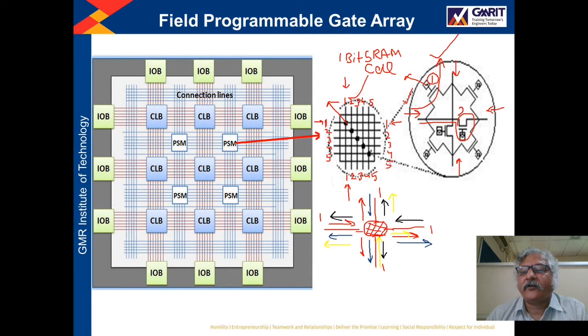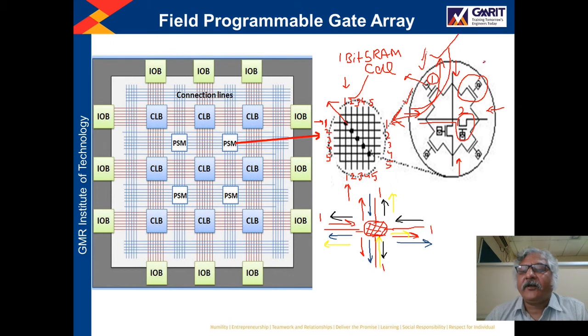This is second NMOS which is used for the routing from left to right side or from right to left side. Okay, same way this MOSFET, it can be used to route left wire towards the top side, or top wire towards the left side. Okay, now this is also one NMOS with the SRAM cell.